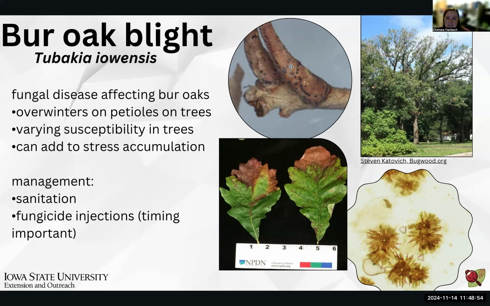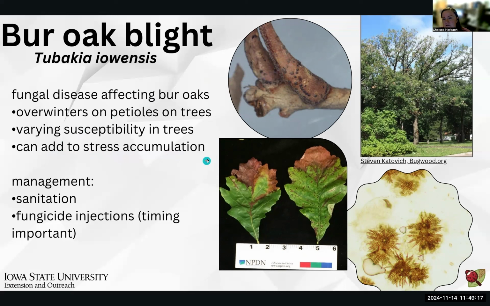And there does seem to be some natural variability in susceptibility of bur oaks to this disease, which is good news. But if you have repeated years of infection, this defoliation is going to accumulate stress on the tree and make it more susceptible to other issues.